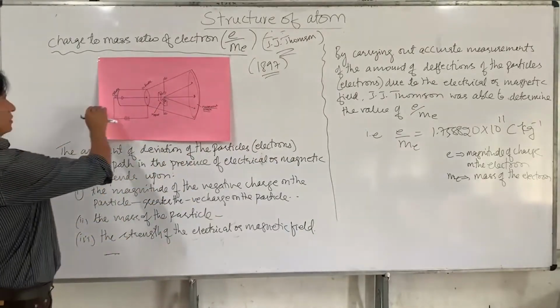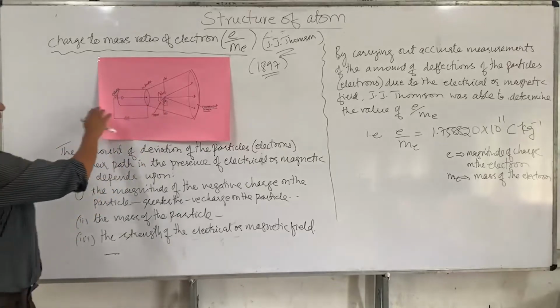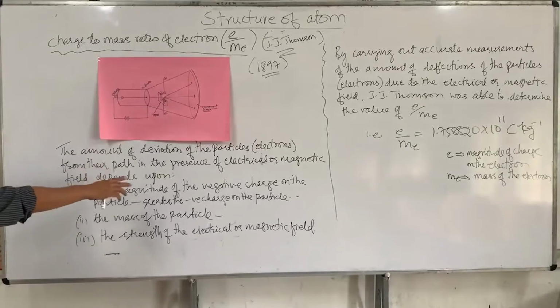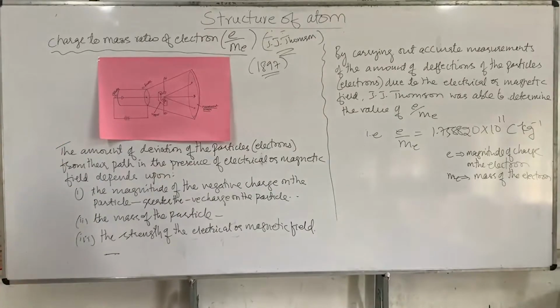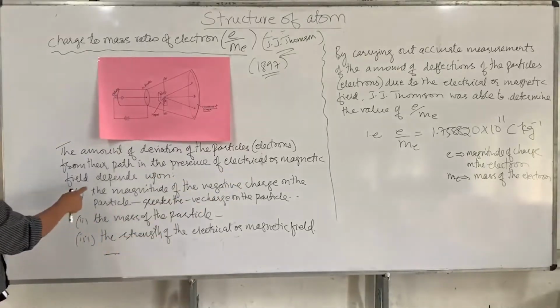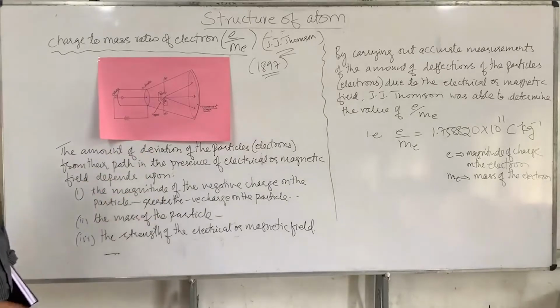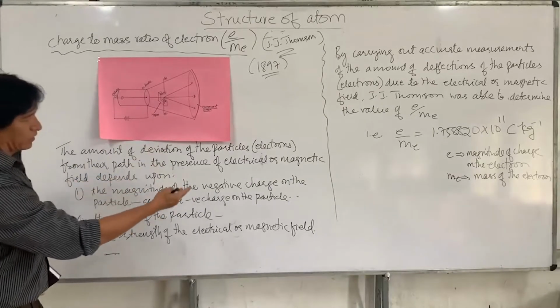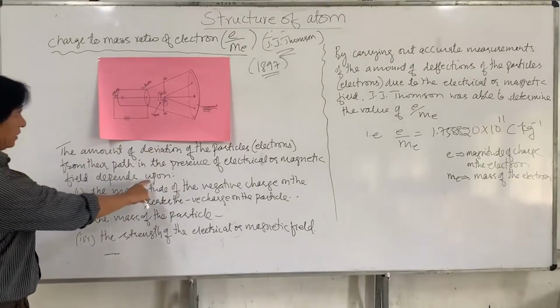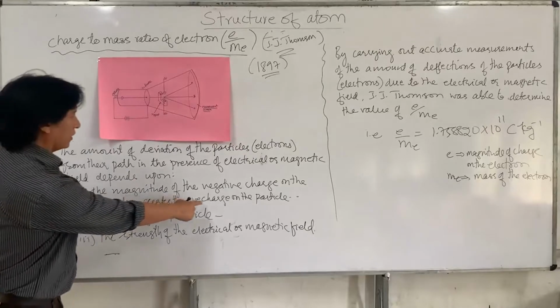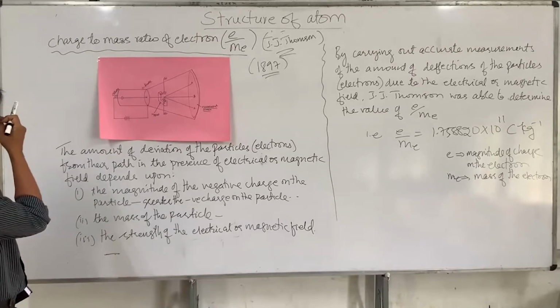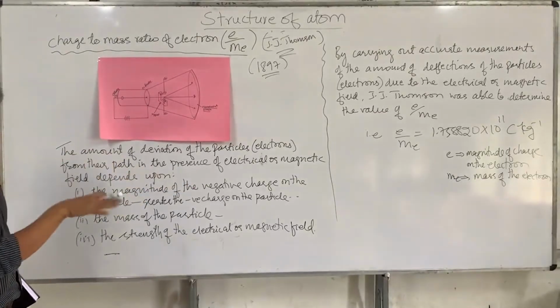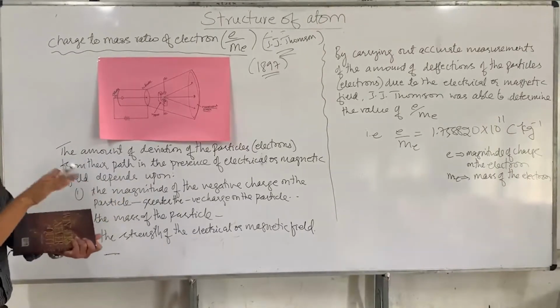Now, as far as the deflection or the deviation of these particles is concerned, the amount of deviation of the particles, that is your electrons or cathode rays, from their original path, in the presence of an electrical or magnetic field or both, depends upon the first thing, the magnitude of the negative charge on the particle.